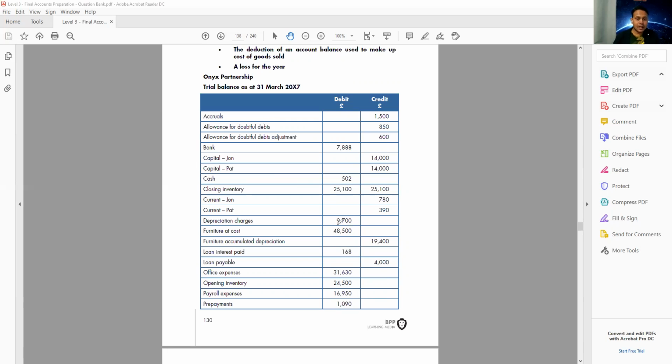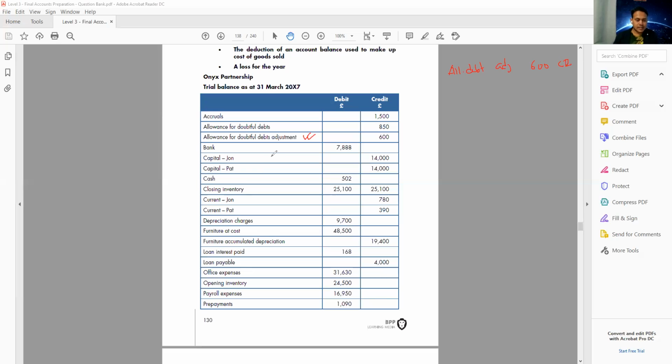Then we have allowance for doubtful debt adjustment, isn't it? This is the one that will go to the profit and loss account. This one is on the credit side. So allowance for doubtful debt adjustment, 600 credit. That means that will be added to the income.